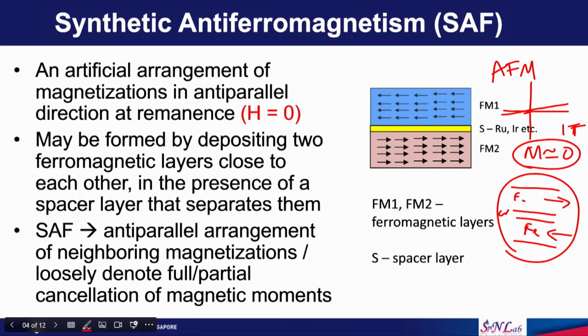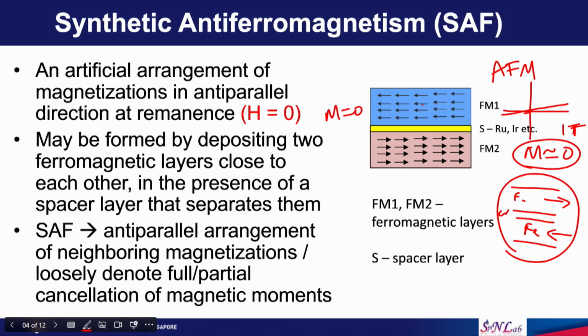With 1 Tesla field you cannot do anything, the magnetization of the neighboring atoms are still anti-parallel, the net magnetization is 0. Whereas, in the case of a synthetic antiferromagnetic material, at remnants maybe the magnetization can be 0. Let us say the magnetic moment of this layer and the magnetic moment of this layer are the same, magnetization will be 0 at remnants.